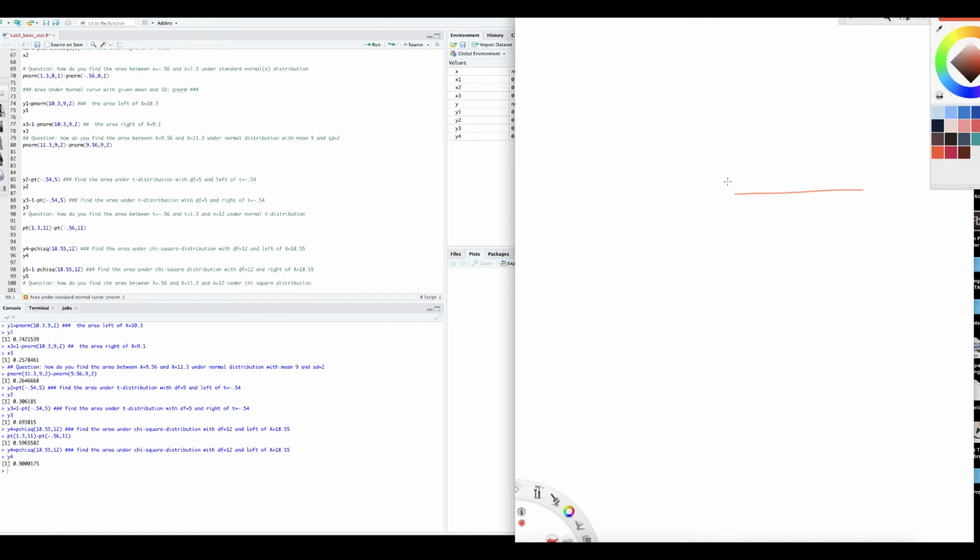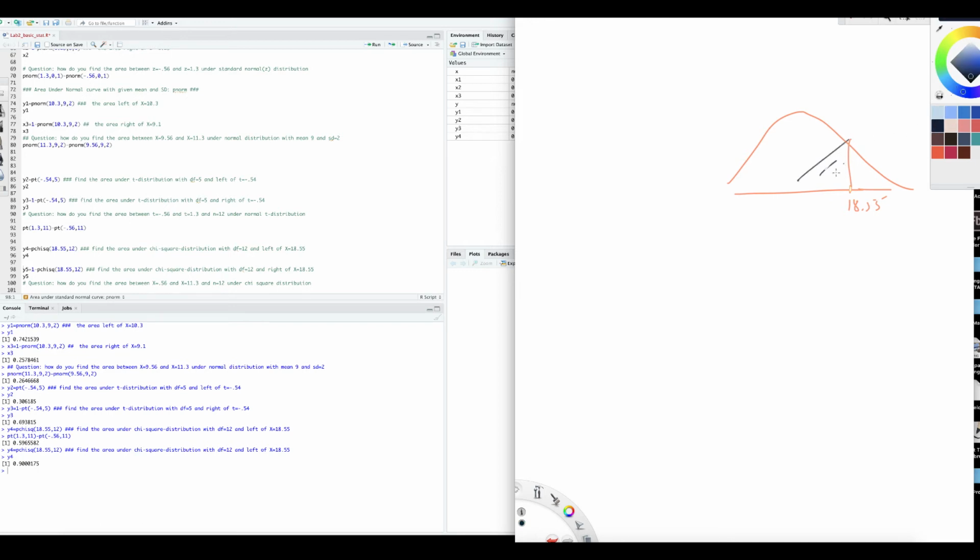This is the chi-square distribution, right? Say 18.55 is maybe somewhere here. You are trying to find the area left of this.